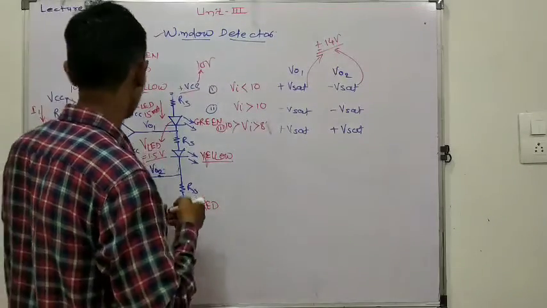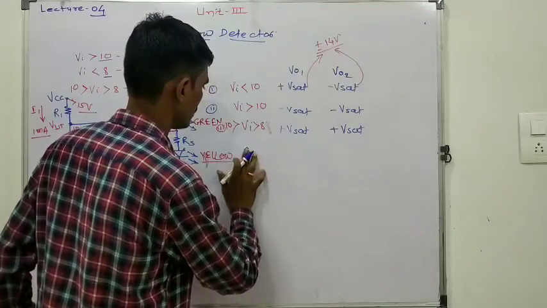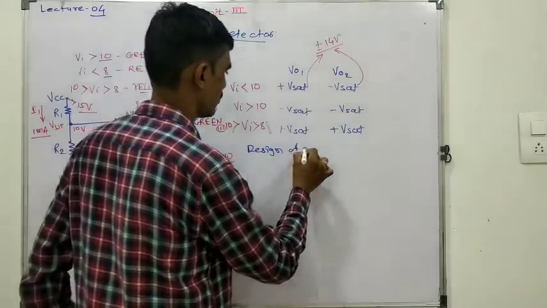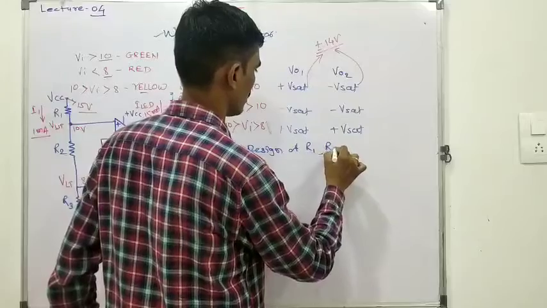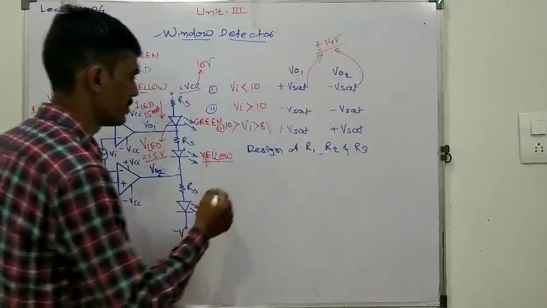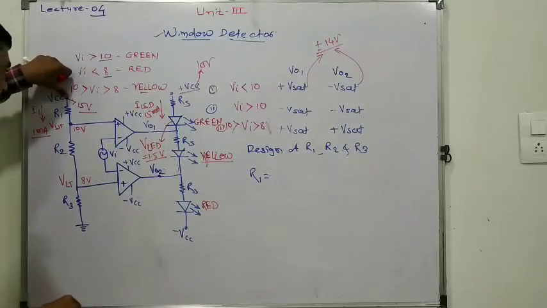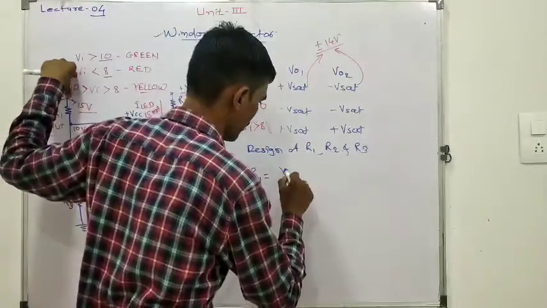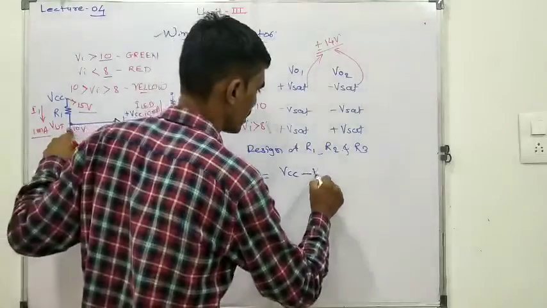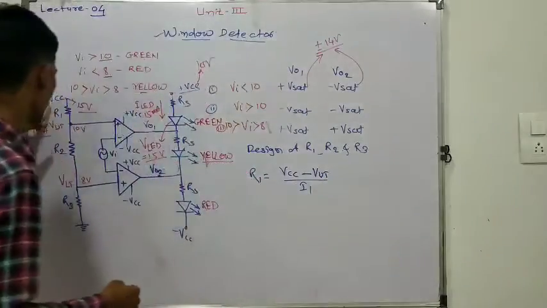Now first point, design of R1, R2 and R3. If we want to calculate R1, R1 is equal to the voltage available at this point. So first point is nothing but VCC minus the voltage available at the second point, that is VUT, divided by the current flowing through this R1.